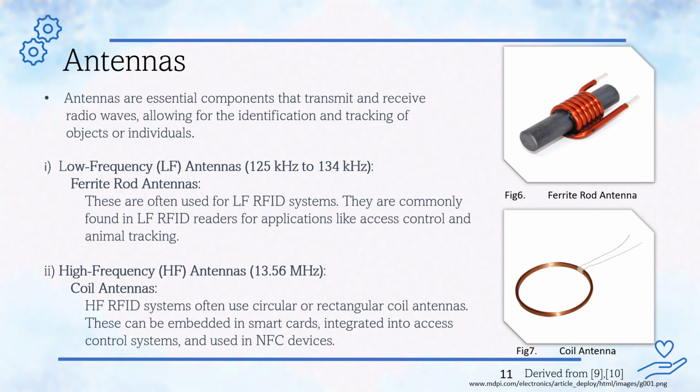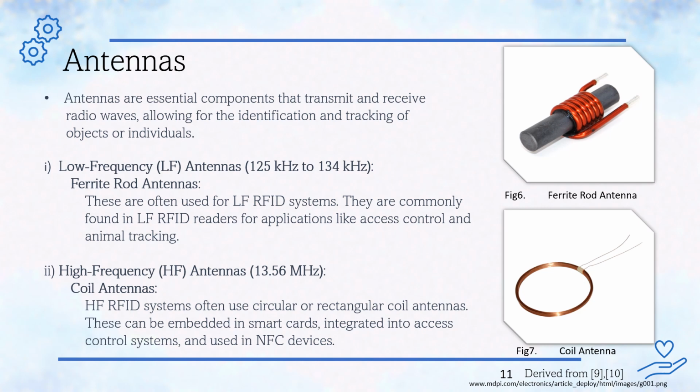Now let's discuss the antennas that we use for different frequency bands. Giving a general idea about antennas, antennas are essential components that transmit and receive radio waves, allowing for the identification and tracking of objects or individuals. First, for low frequency antennas, low frequency means between 125 kilohertz and 134 kilohertz.